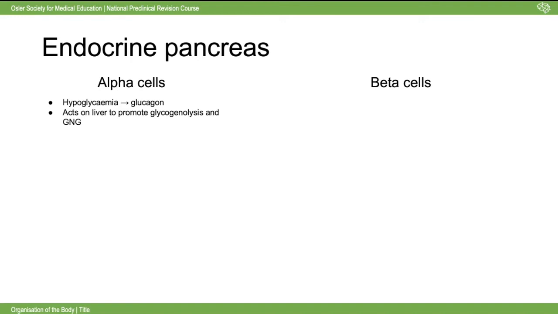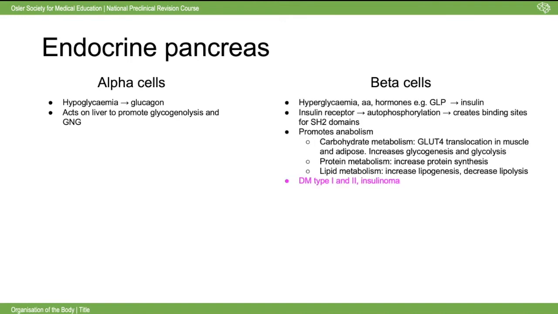And then beta cells are found in islets of Langerhans, and they secrete insulin in response to hyperglycemia or high amino acid levels or hormones like GLP.